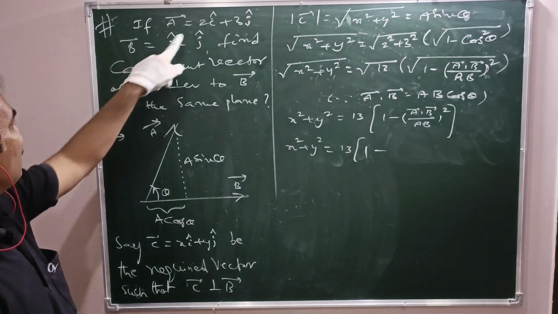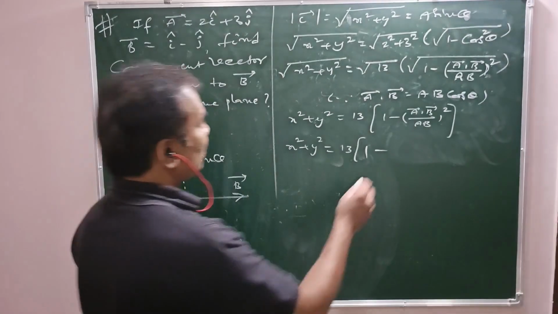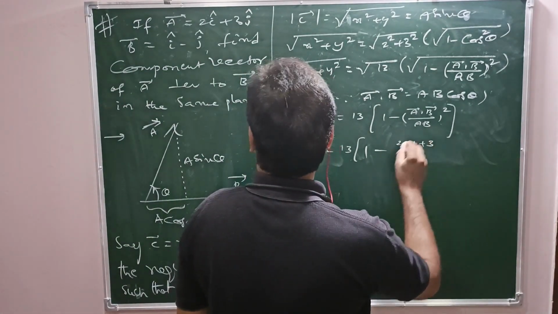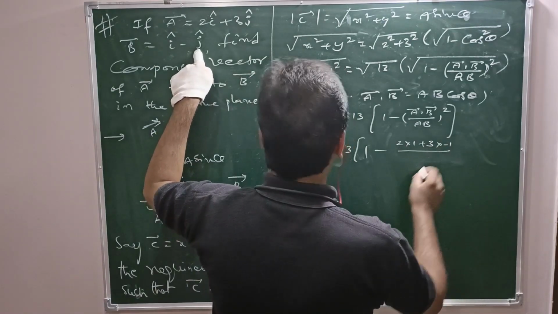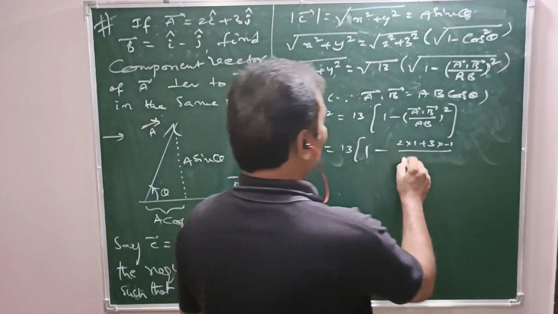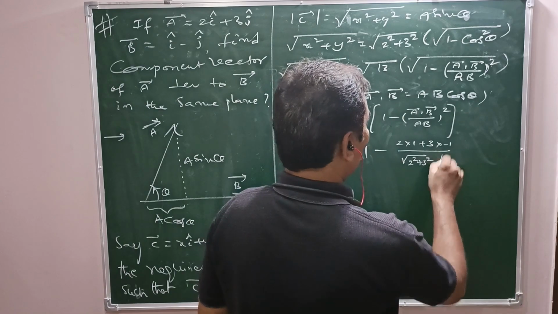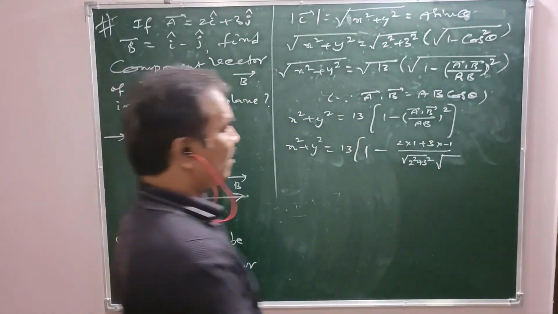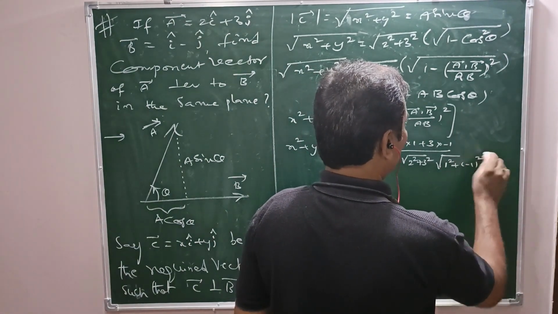A bar dot b bar means 2 into 1 plus 3 into minus 1, divided by ab. A means mod a bar, root over 2 square plus 3 square, into b means mod b bar, root over 1 square plus minus 1 square.